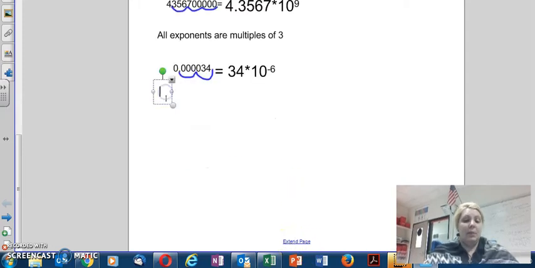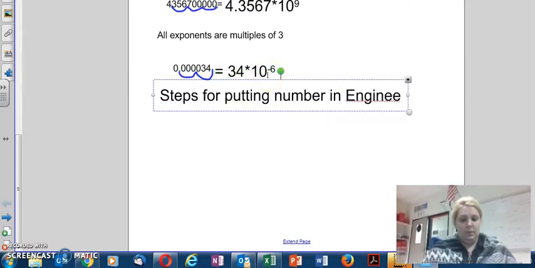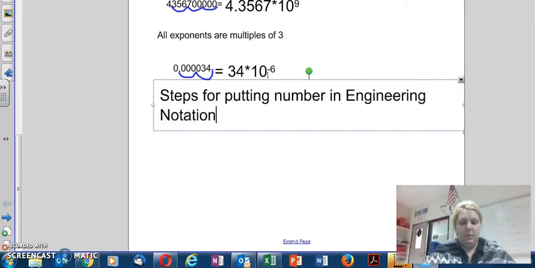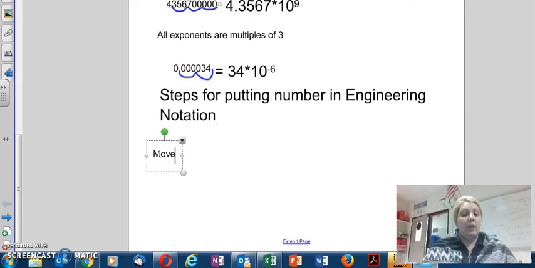So what are my steps in putting numbers in engineering notation? Step 1 is to move your decimal point in sets of 3 until you reach a point where you have a 1-digit, 2-digit, or 3-digit number in front of your decimal point.